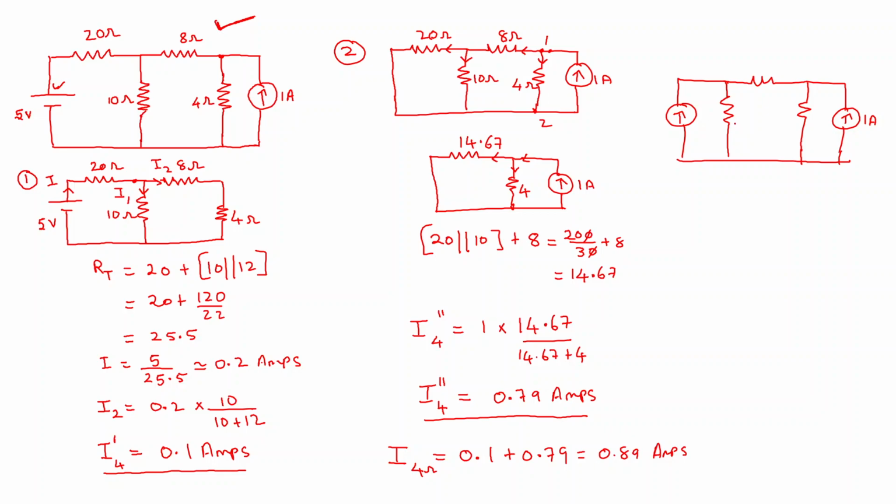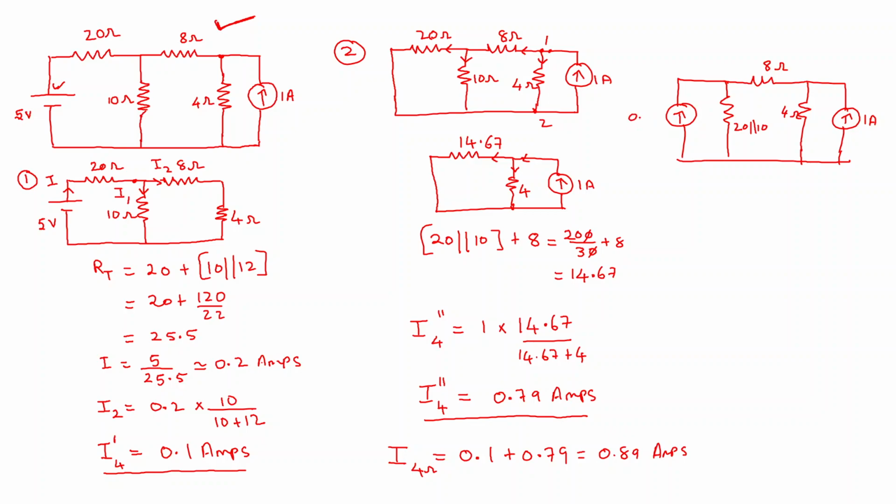This resistance will be like 20 parallel with 10 because I have converted this voltage source into current source parallel with 20 ohms resistance. So 20 ohms and 10 ohms becomes parallel. So compute what is 20 ohm parallel with 10 and give it here. And this is 8 ohms, 4 ohms. And the current is nothing but V by R. So it is 5 by 20.